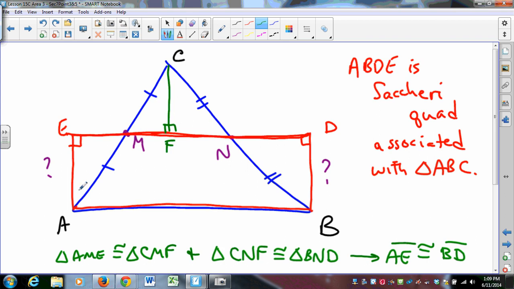Furthermore, as will become important in hyperbolic geometry, the defect of triangle ABC is the same as the defect of quadrilateral ABDE because of all the congruent sides and congruent angles going on in these cases. The areas are the same between the red Saccheri quadrilateral and the blue triangle ABC, and the defects are the same. And that will matter. That matters a lot.